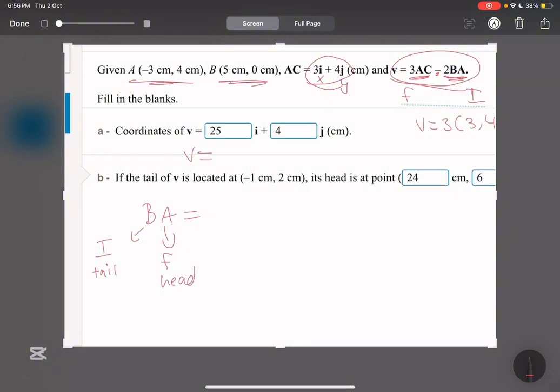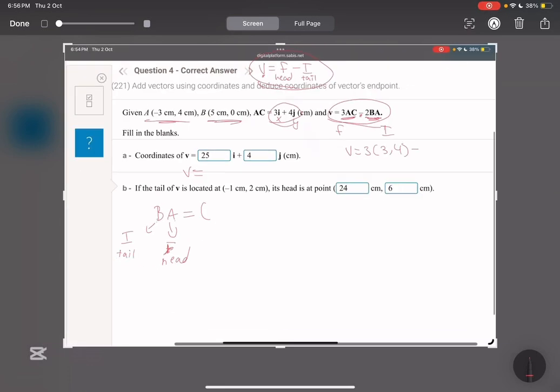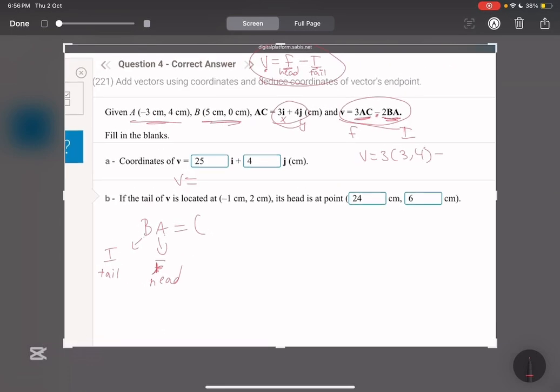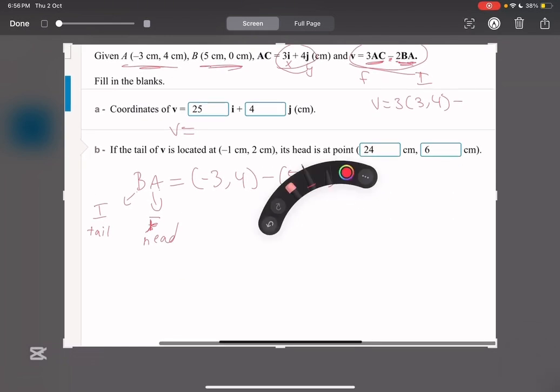So it's going to be the points of A, because it's final minus initial, so points of A, which will be -3 and 4, minus the points of B, which is 5 and 0.